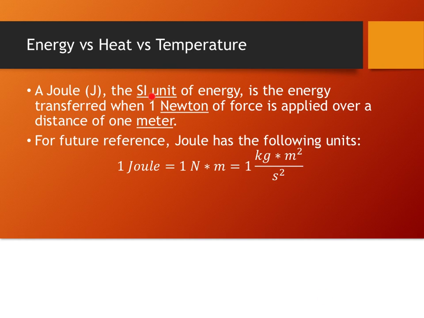A joule, however, is our most common one. It is actually the SI unit of energy, but its definition's a little weird. I'm going to tell you it now. Try to remember it a little bit. In AP, we use it a bit more. In physics, you use it even more. But it's the energy transferred when 1 newton of force, which is actually the SI unit of force, is applied over a distance of 1 meter. I don't remember exactly what it was, I'm sorry, but it's a newton of force over 1 meter.